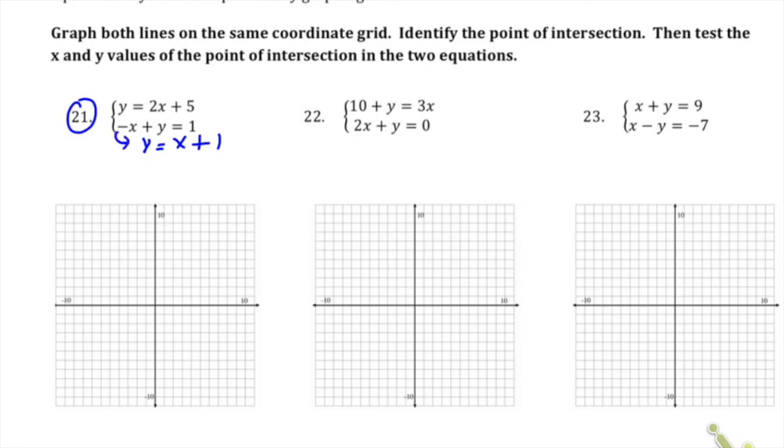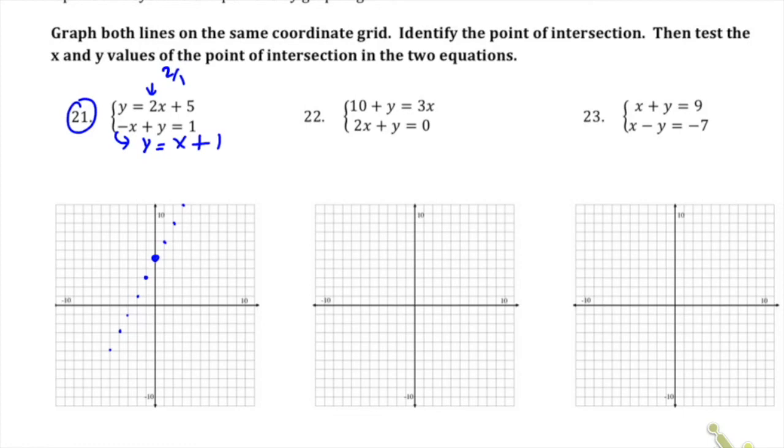The first y-intercept is 5: 1, 2, 3, 4, 5, it's here, and the slope is 2, which means 2 over 1, 2 rise, 1 run. It will go like this, 2 rise 1 run, and going backward, 1 left, 2 down, 1 left, 2 down, it keeps going like that.